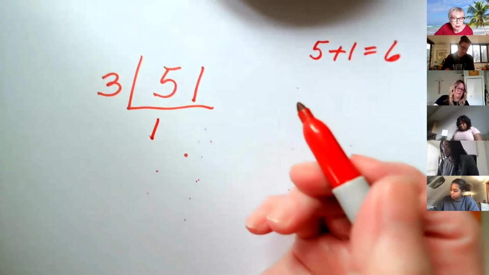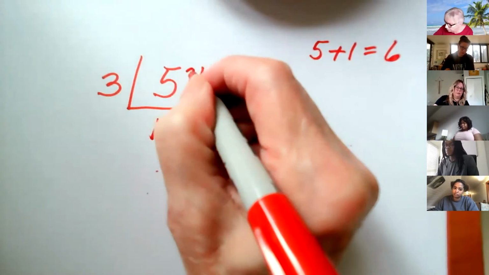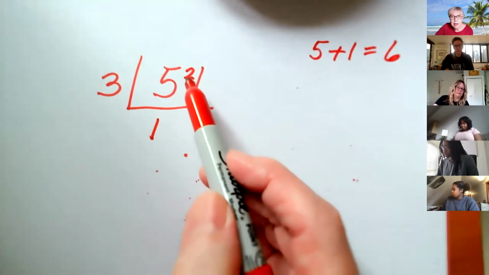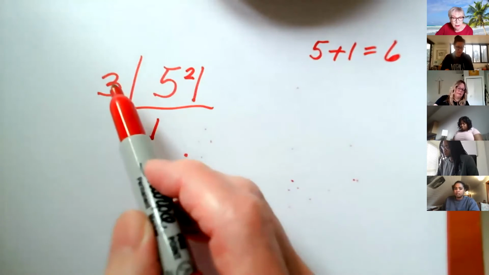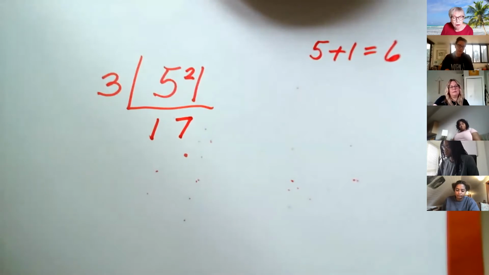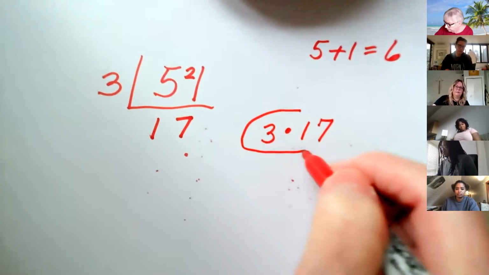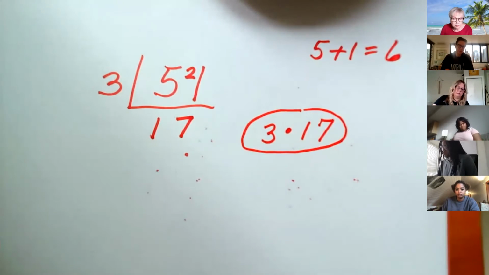How many left over? Well, 5 minus 3 is 2. I read this as 21. 3 into 21 is 7. The prime factors of 51 are these.